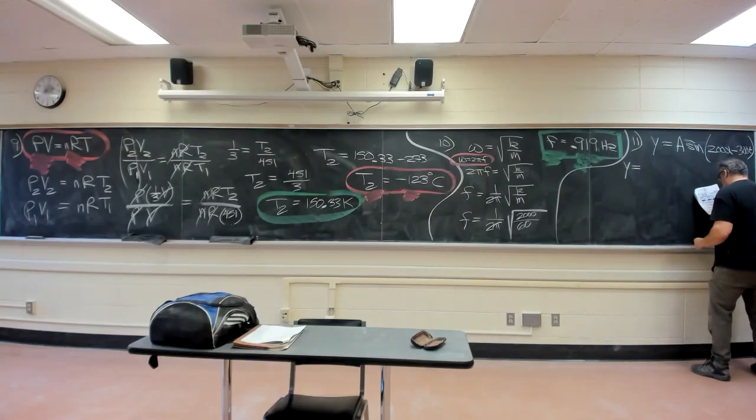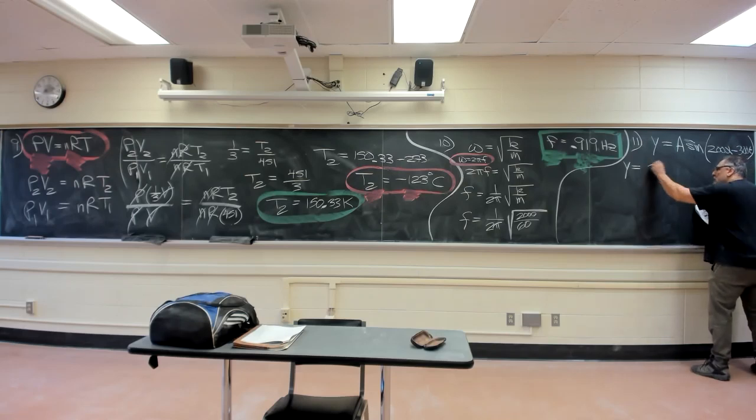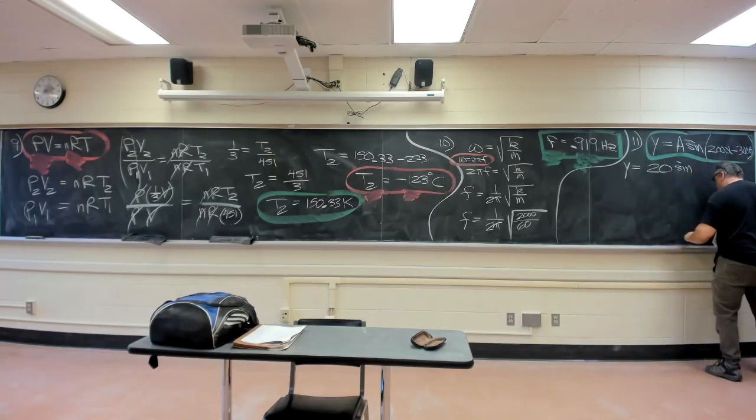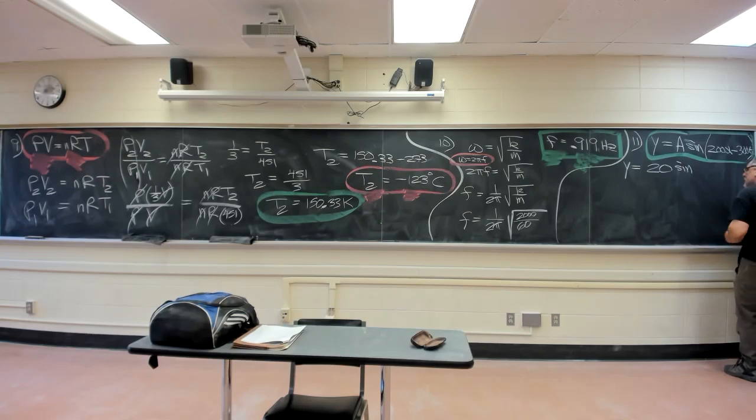Yeah, what is that? Well, the amplitude is 20, according to the way this is written. If it's looking like that, do we know what A is at least? Yeah, we know what it is. The way that they write the problem, we know what it is.